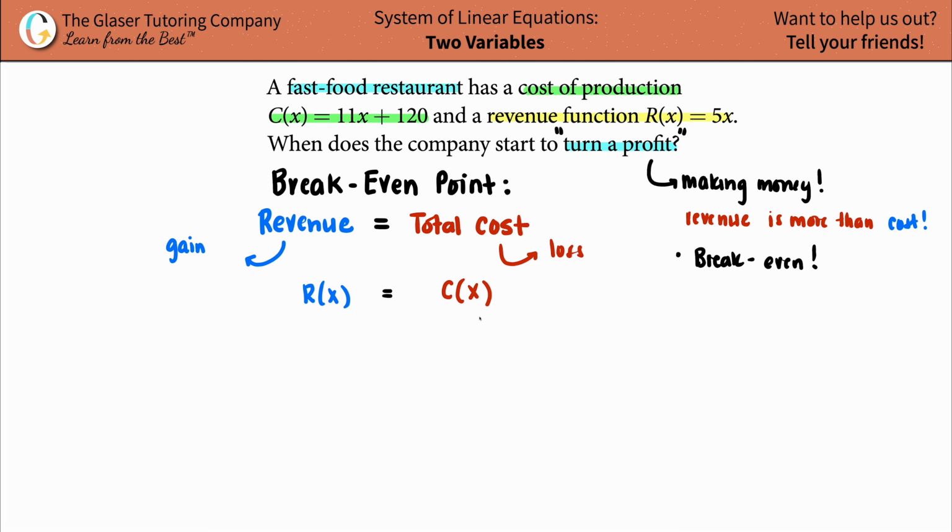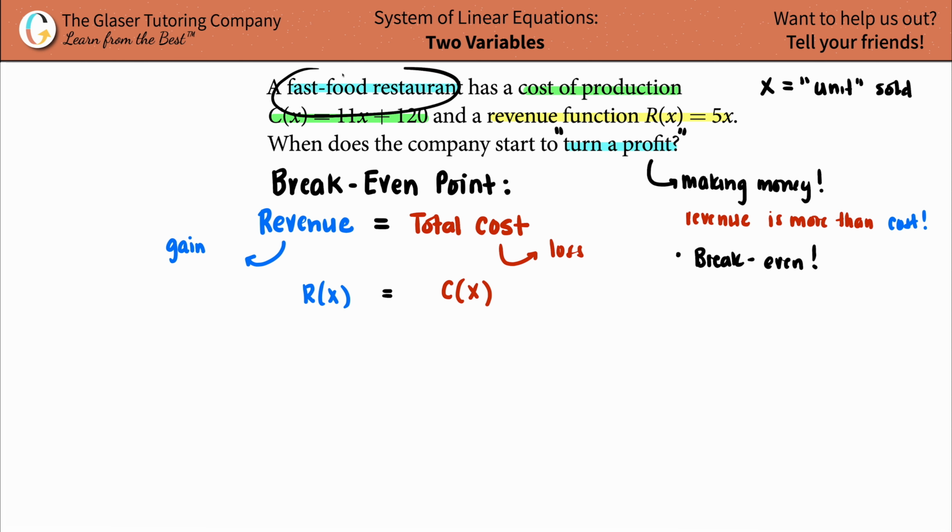Now, you might be saying to yourself, what is x, right? What does x represent? Especially when they're talking about business, and cost and revenue, x is generally called the unit. It's always the unit sold. And usually the x value is the unit that is under the umbrella of what is actually being sold in the question. Now, in this case, it's a fast food restaurant.